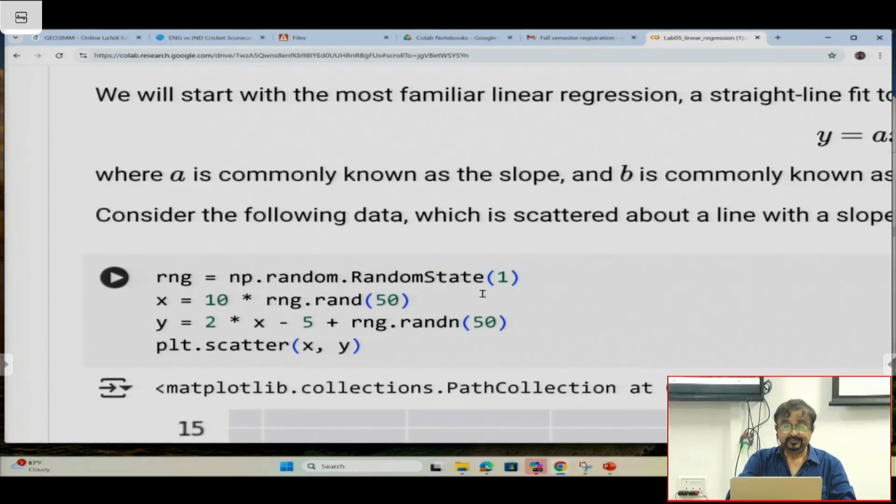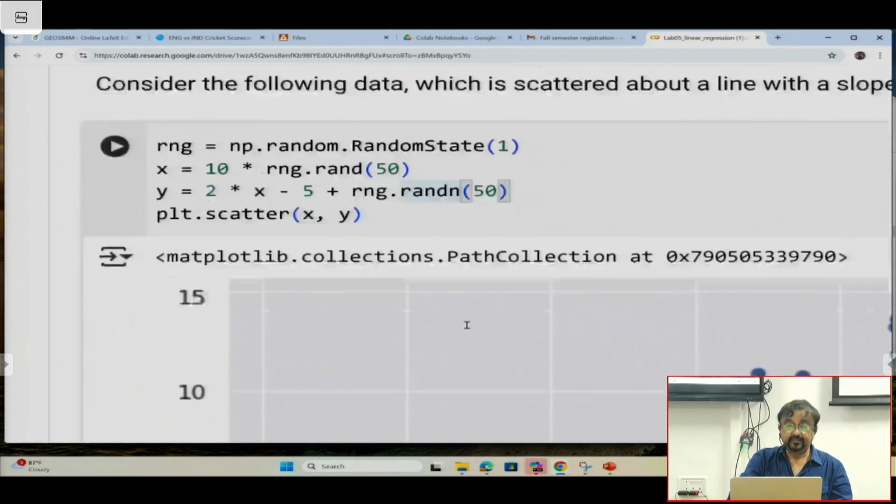I'll generate 50 values of x and y. These are different values of x. I calculate y equals ax plus b, where a is 2 and b is minus 5, and then I'm adding some random perturbation to it.